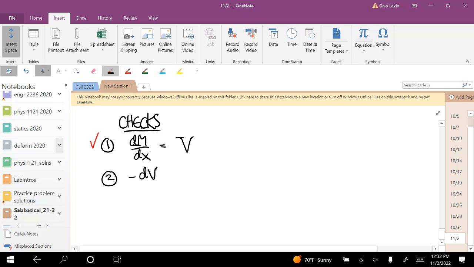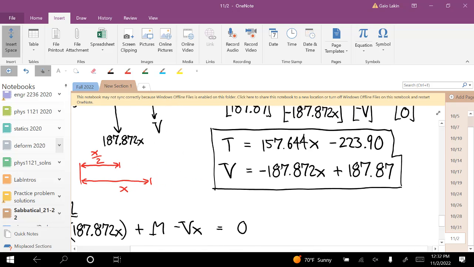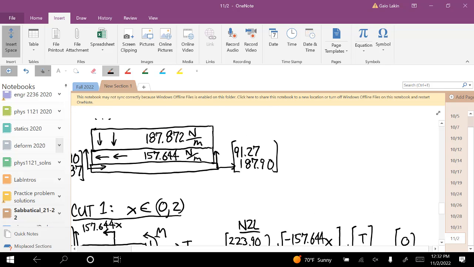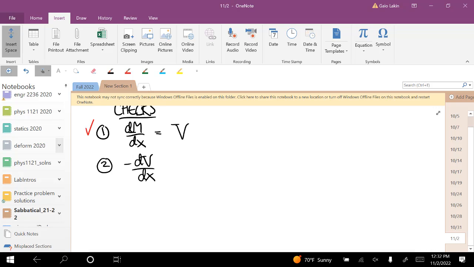Then negative dv/dx is negative 187.872. Well, and then the negative of that, so positive 187.872. And that's the downward distributed load. So that one works.